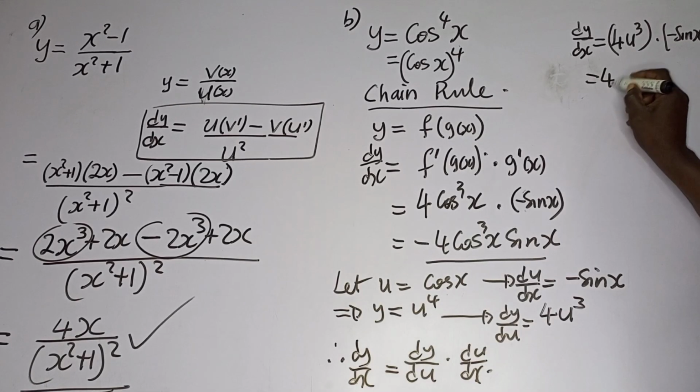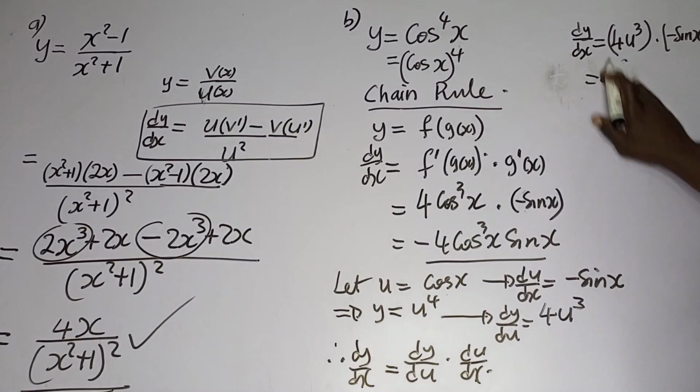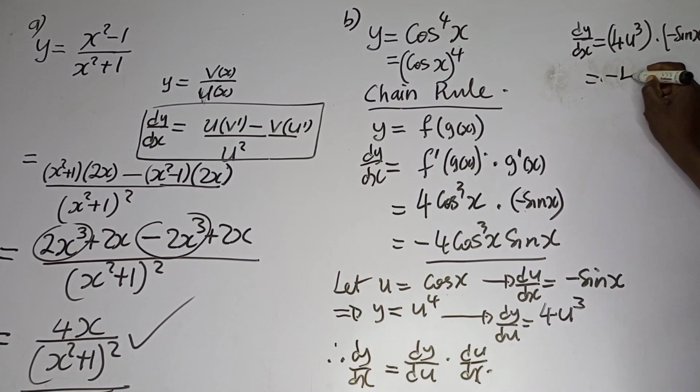The minus sign comes outside, giving us negative 4u cubed sine x.